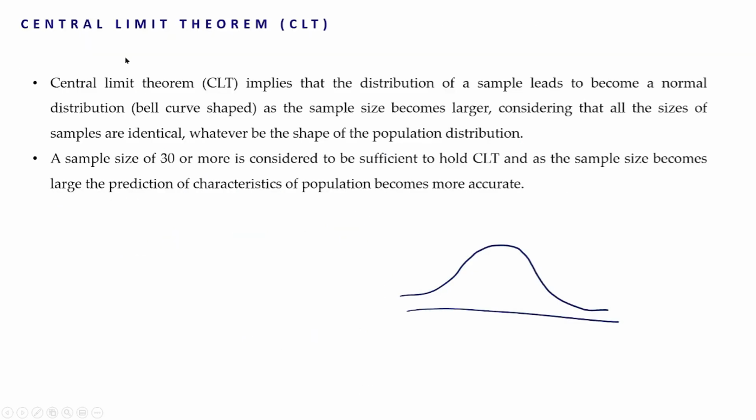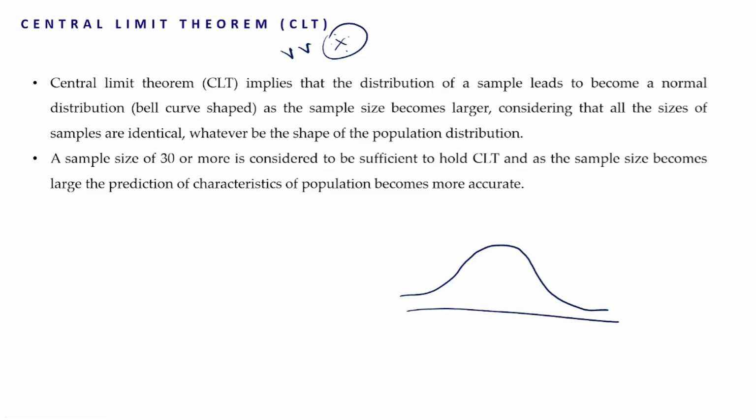Next we have central limit theorem. This is a very important theorem in statistics. It states that the distribution of a sample tends to become a normal distribution, that is a bell-shaped curve, as the sample size becomes larger, considering that all the sizes of the samples are identical, whatever be the shape of the population distribution. So according to this theorem, it is better if we take a large sample size.